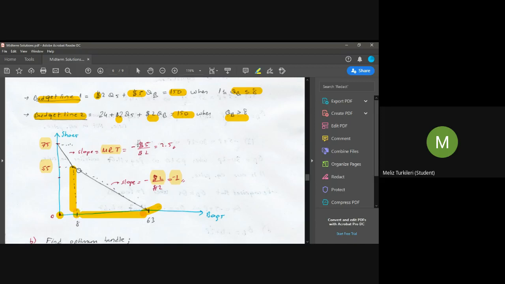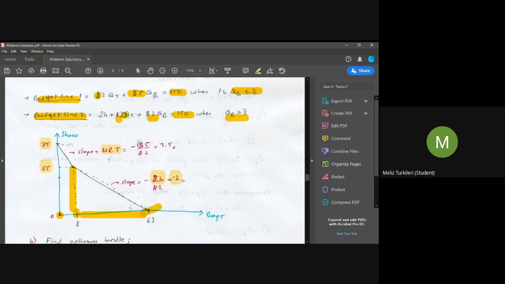So let's try to find this amount again. When the amount of shoes is 0, this intersection should be equal to 63. Okay, when this is 0, then I intersect with the x-axis at the point 63.